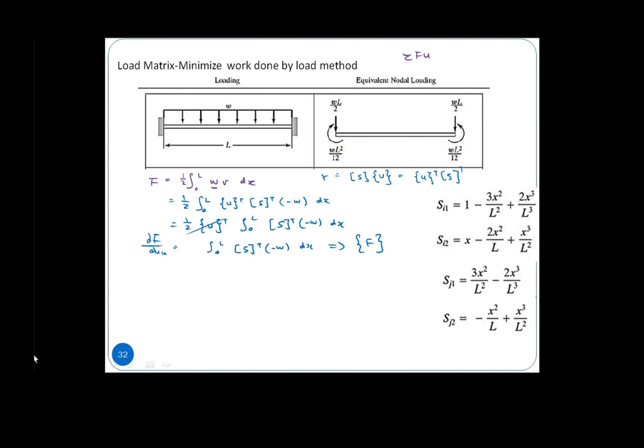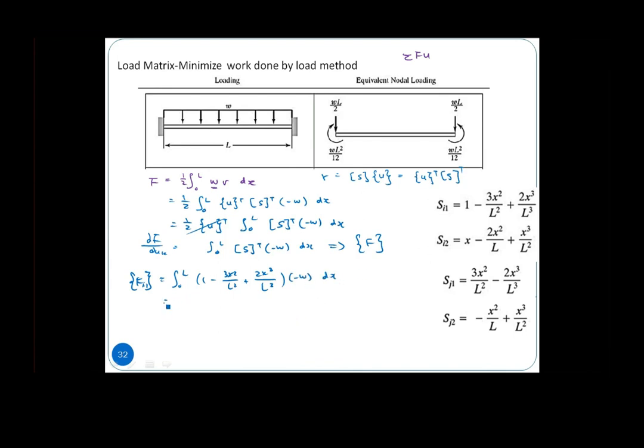The whole idea is to determine the load matrix. If you are using this method, we know that our F matrix, our load matrix, is equal to the integral 0 to L. Then I have my shape function, talking about Fi1 only, using the shape function Si1, which is 1 minus 3x squared over L squared plus 2x cubed over L cubed, multiplied with negative W dx.